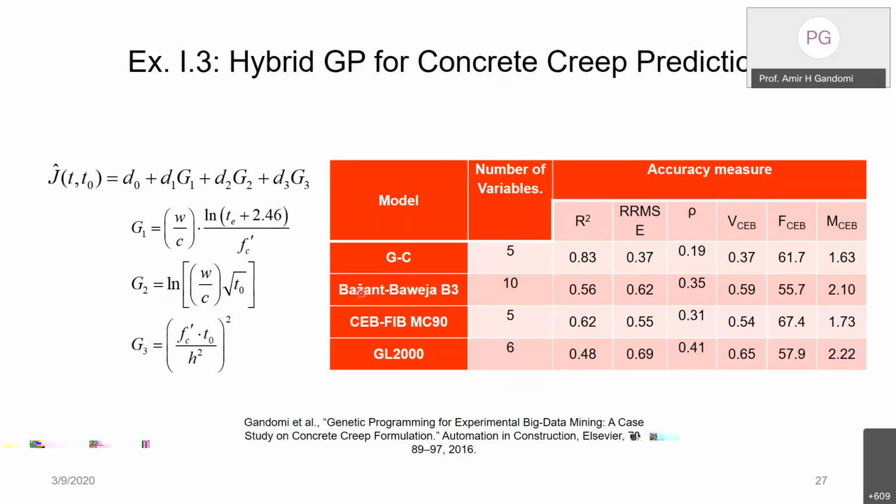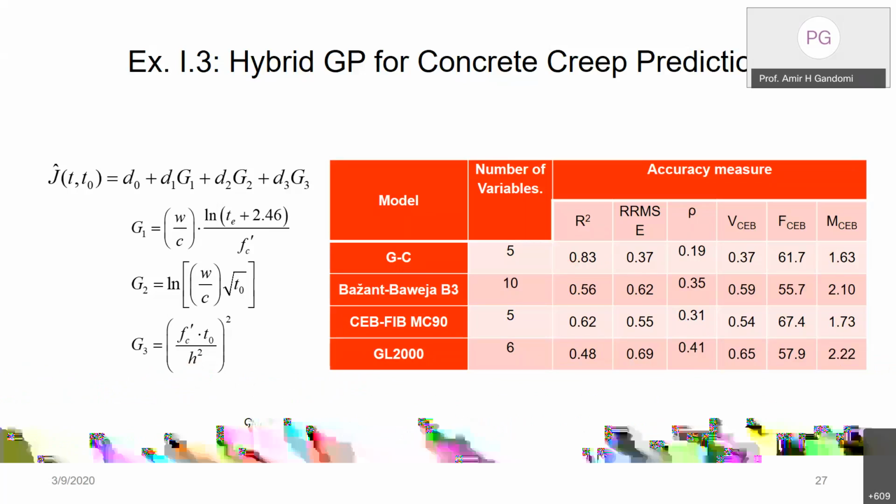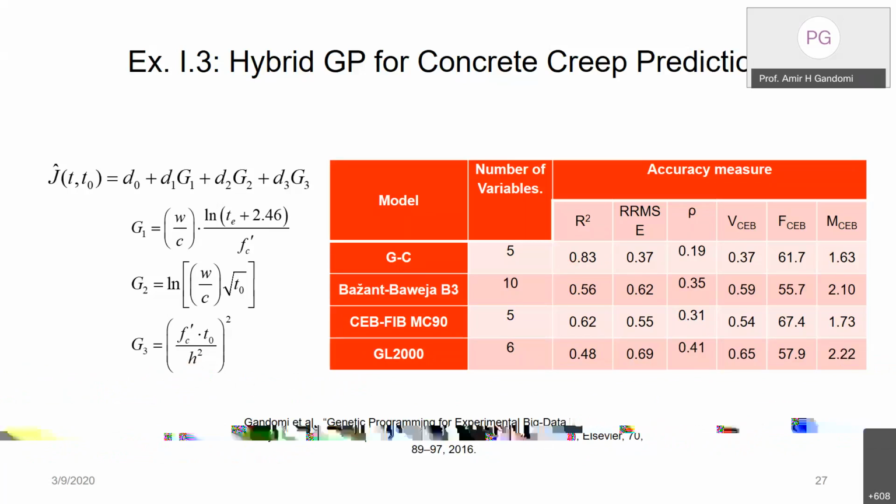For example, Bazant proposed a model for it, the fib institute proposed a model, and GL2000 proposed a model for it. And these are the number of variables used in the model. You can see, comparing the errors and correlation, our model is much better than others. Our model is called GC. And it outperformed all other models nearly in all cases.